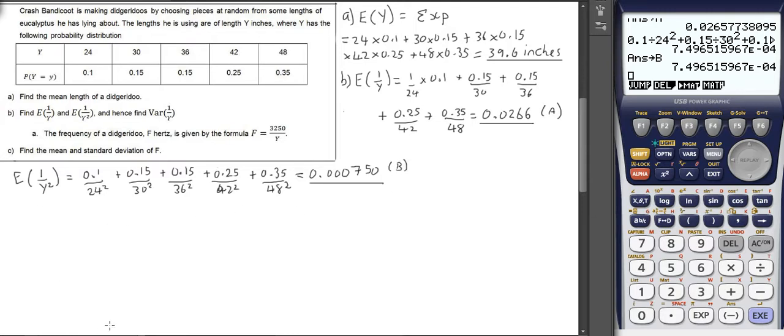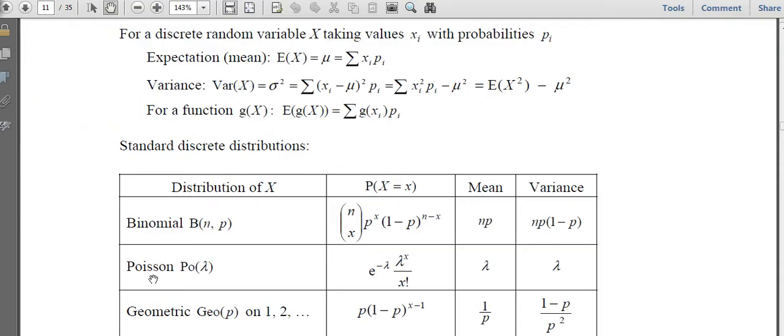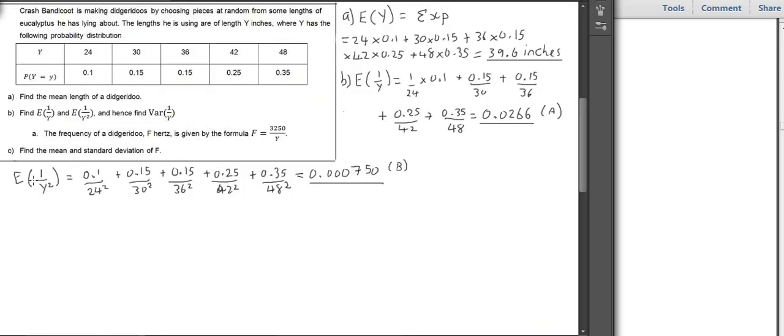And then just a reminder again, for the variance, we're given the formula E of x squared minus the mean squared. Well, there's E of x squared and there's the mean.